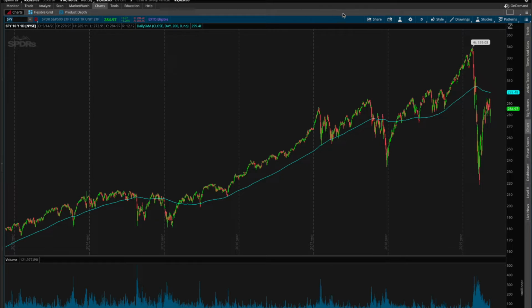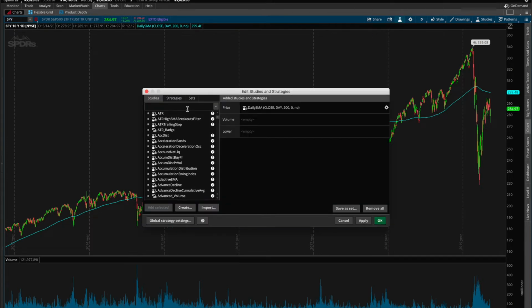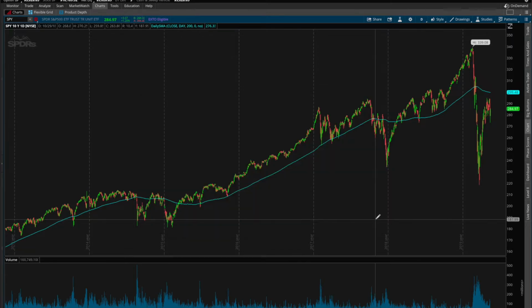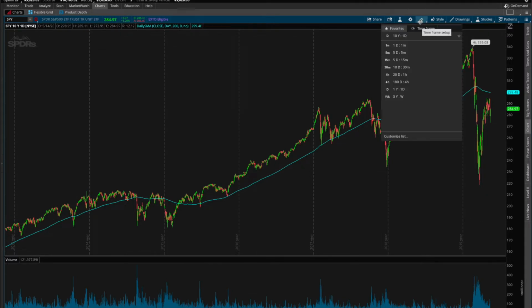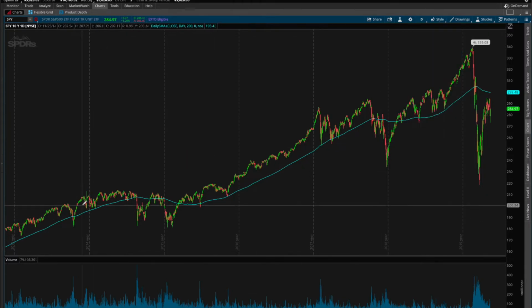What you also need is the 200-day moving average line, which is this blue line here. You'll go to the indicator section, you'll type in moving average, and you'll set the time period to 200. So that makes it a 200 period moving average. And when you make each candle represent 1 day, then it now becomes a 200-day moving average line.